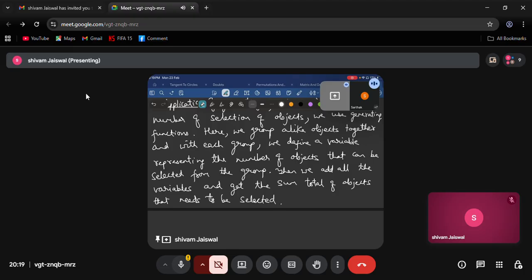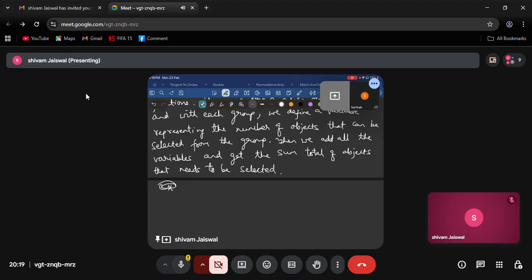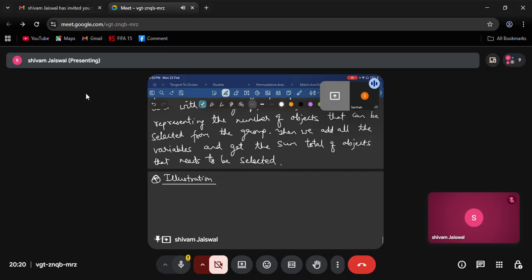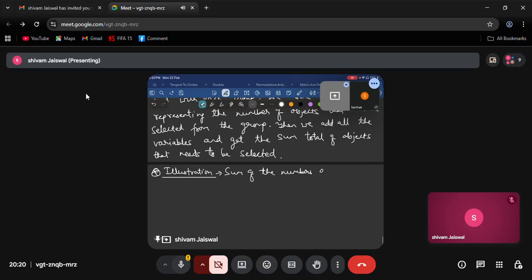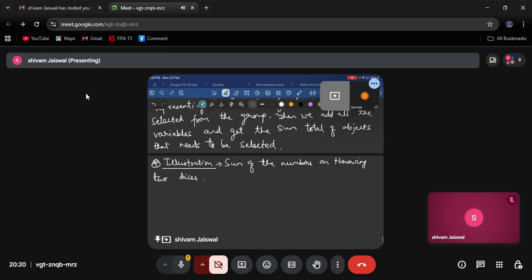So everyone pay attention. For example, okay, an illustration. Okay, pay attention. Sum of the numbers on throwing 2 dices. Pay attention.